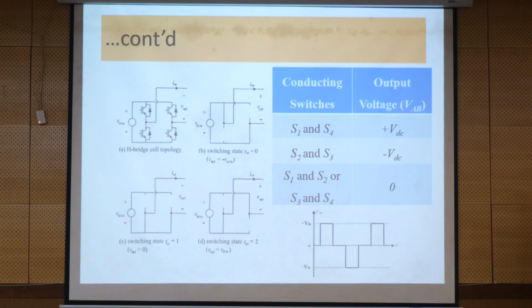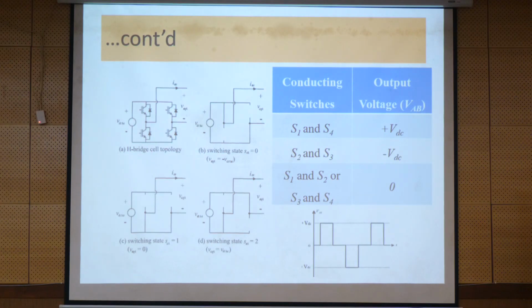This is the generic structure we projected here, the H-bridge module, and the states: plus VDC, minus VDC, and 0, how the 3 voltage operation that we have projected here.